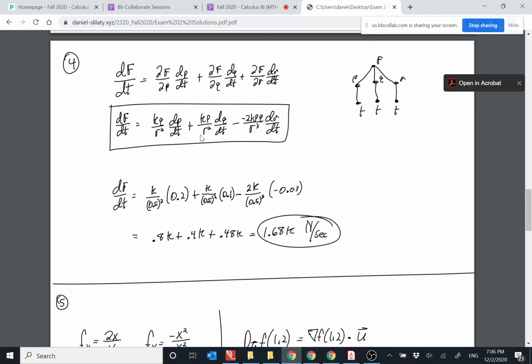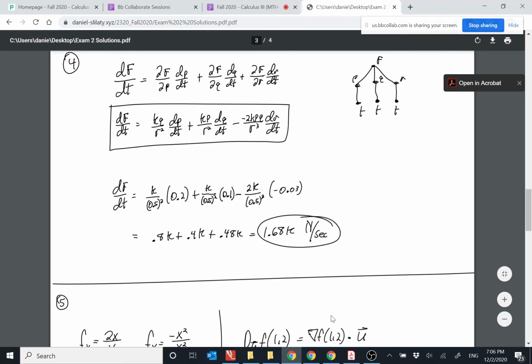You can find the partial derivative with respect to q, it's this. And you can find the partial derivative with respect to r, it's that. Oops, I think I have a minus minus. That's not supposed to be a minus there. It's just minus that. Yeah, I messed that up.